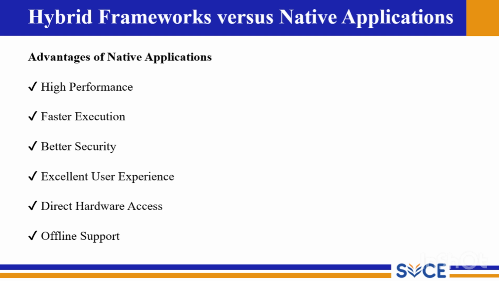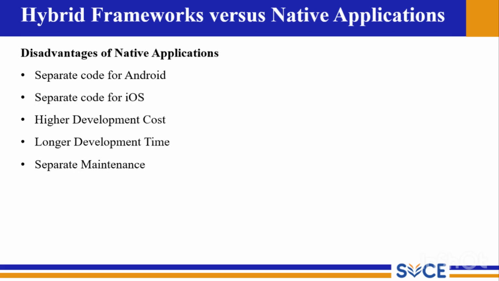Although native applications provide excellent performance, they also have some limitations. Developers need to create separate applications for Android and iOS. This requires different programming languages and different development environments.